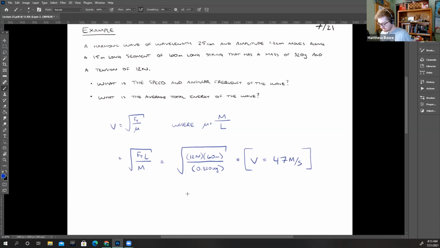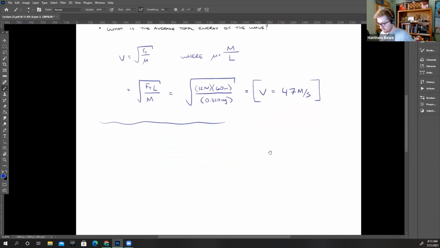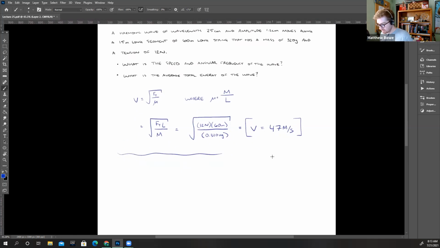All right, so let's go ahead and solve for the energy in this case. So let's write down the formula first. It's the change in energy, and this is of the entire string, and it's just an average.